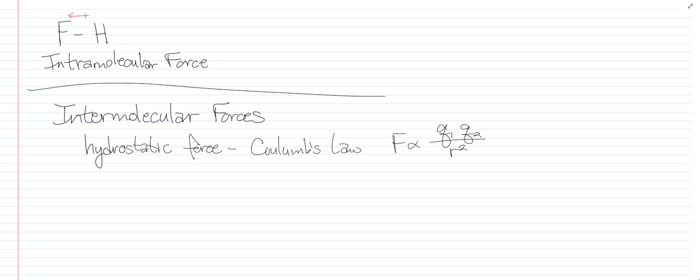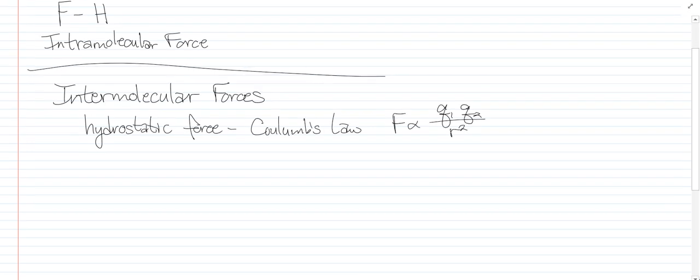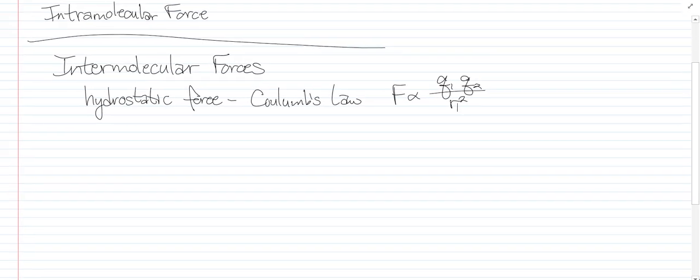So we're going to be looking at the different intermolecular forces, and I'm going to make a little chart here. One column is going to be thing 1, second column is going to be thing 2, and then I'm going to have the name of the force, and then I'm going to have an example.